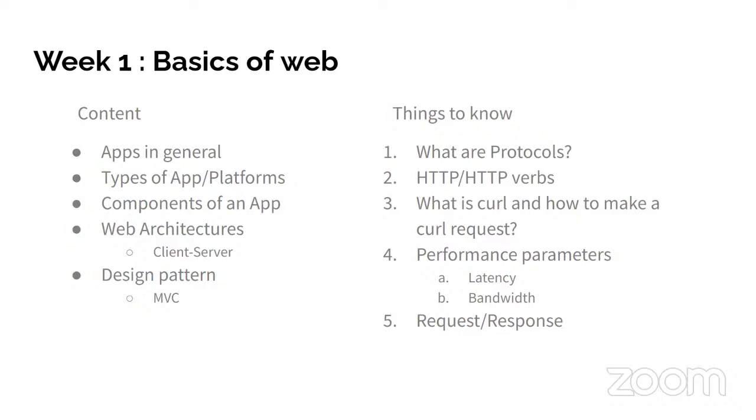We also need to know some of their properties, like whether a method or verb is idempotent or not, whether it is safe or not, right? I've given sources also, which you can go through, and most of the time the source that I give is the MDN docs, right? You can go through the documentation of HTTP verbs, open it, and you will see the information about each method.